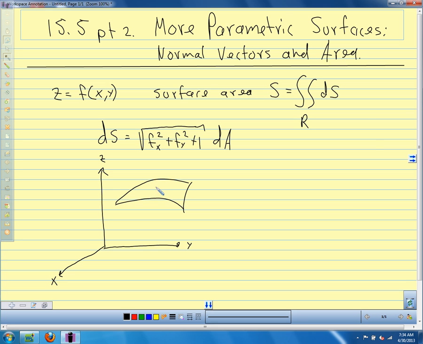And we're looking at tangent vectors. We're taking the partial with respect to u as a tangent vector in one direction, and a partial with respect to v as a tangent vector in the other direction. And we also have a normal vector at this point on our surface.